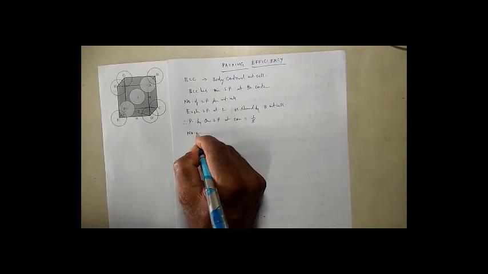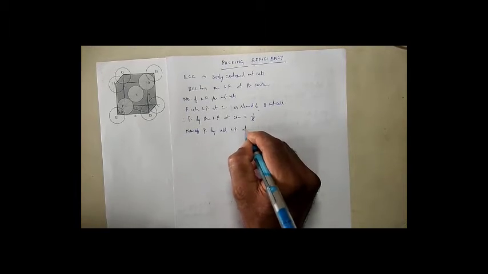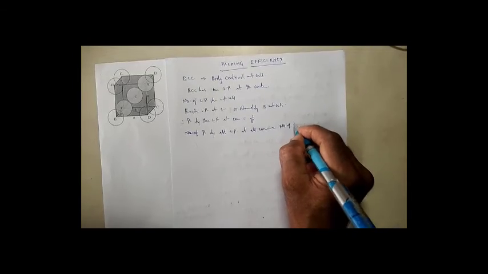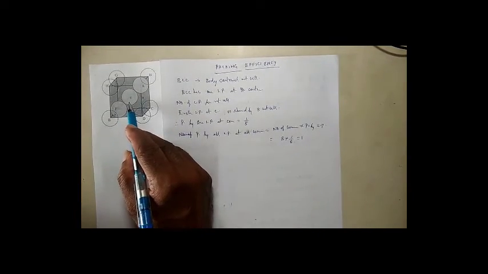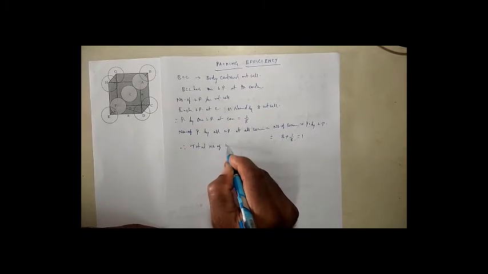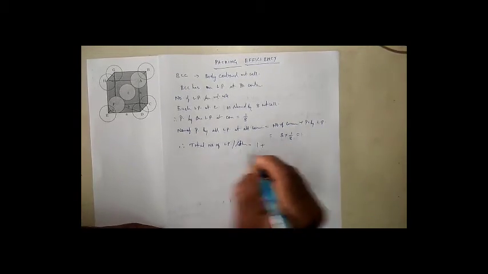The portion contributed by all lattice points at all corners is the number of corners into the portion contributed by each corner lattice point, that is 8 into 1 by 8 equal to 1. Apart from this, there is one lattice point at the body of the unit cell. Therefore, total number of lattice points or spheres equal to 1 plus 1, that is equal to 2.